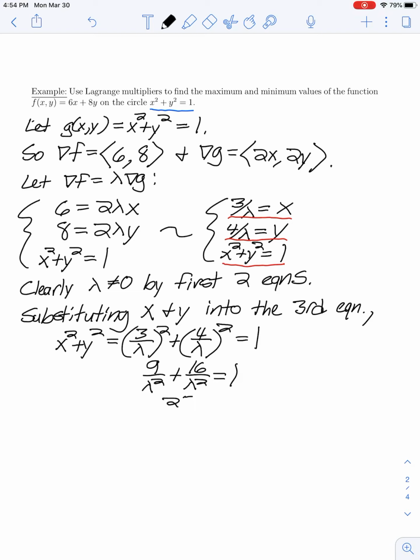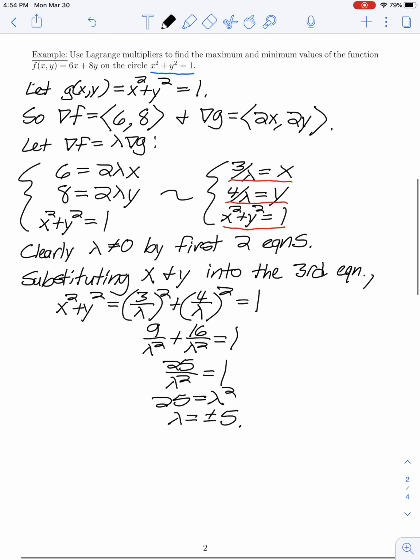So we're left with 9 over lambda squared plus 16 over lambda squared is equal to 1, or 25 over lambda squared is 1. So it follows that 25 is equal to lambda squared, and so lambda could be plus or minus 5.